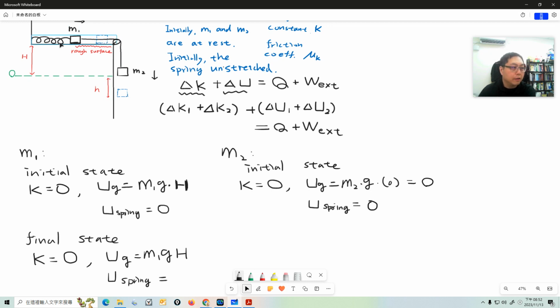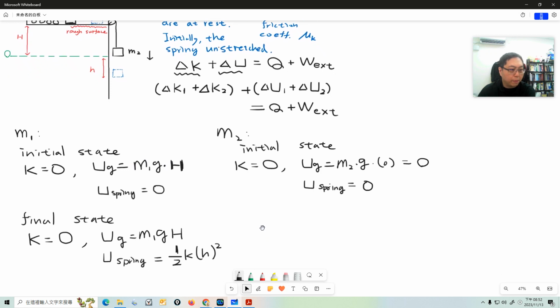So it will have elastic potential energy stored. The elastic potential energy is 1/2 k h squared: 1/2 k times the amount of stretch or compression squared. Okay, that's the final M1.